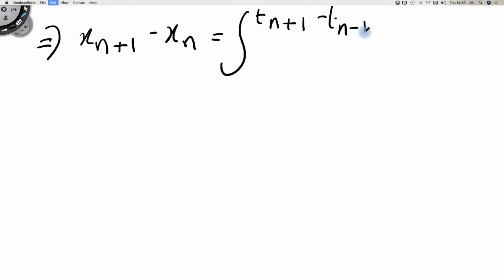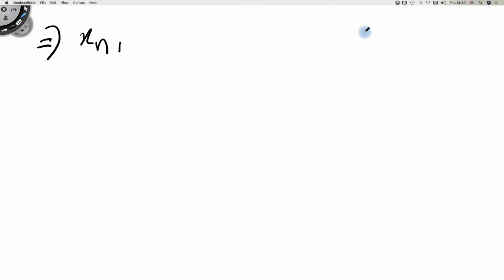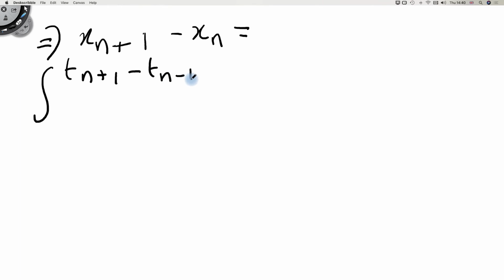In fact, I'm going to write this on a new line: t_{n+1} minus t_{n-1}, t_n minus t_{n-1}. So those are the limits now in terms of this s variable.